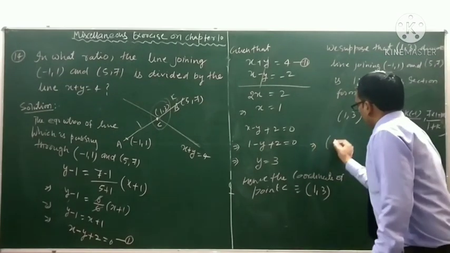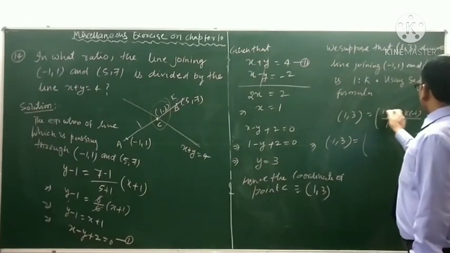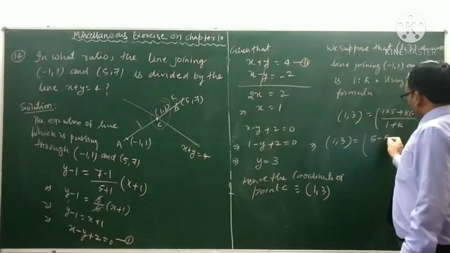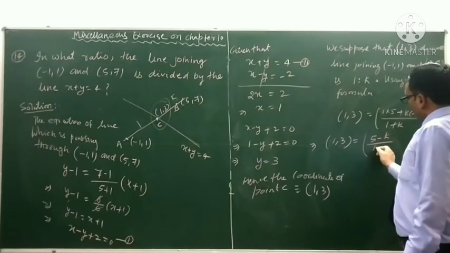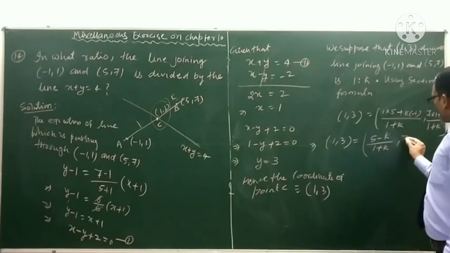This implies (1, 3) equals ((5 minus k) upon (1 plus k), (7 plus k) upon (1 plus k)).